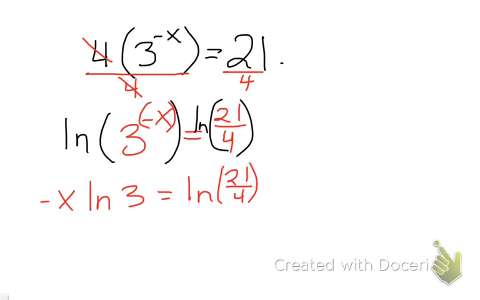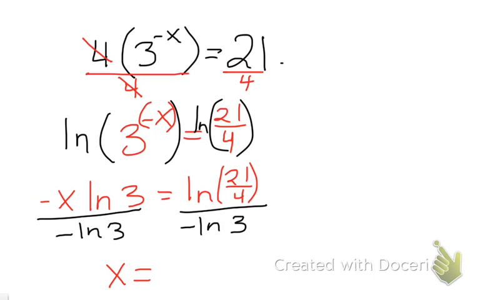We can get the x by itself on the left side by dividing both sides by negative natural log of 3. That will leave us with x by itself: the natural log of 21/4 in the numerator, divided by the negative, or the opposite, of the natural log of 3.